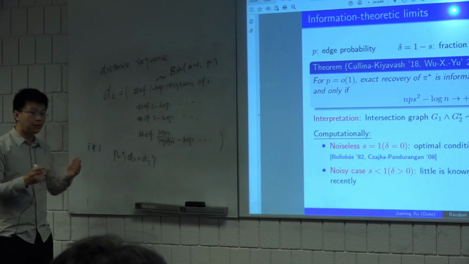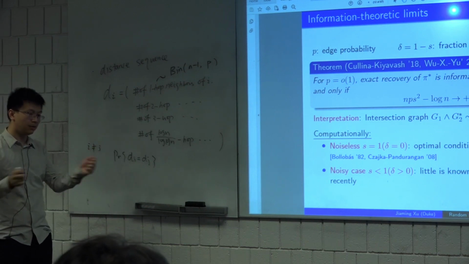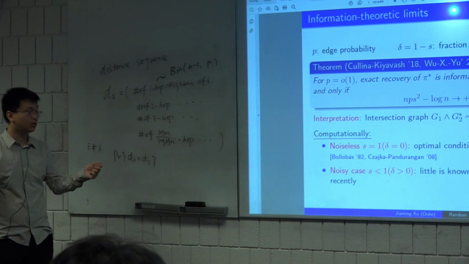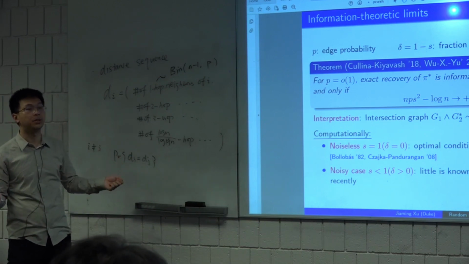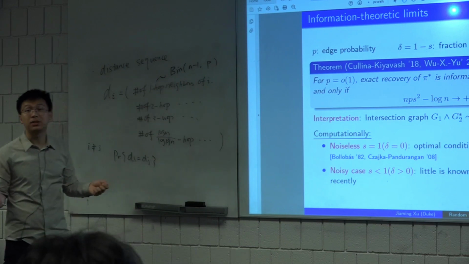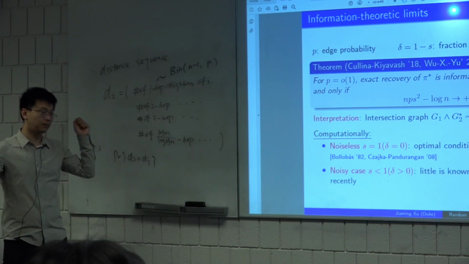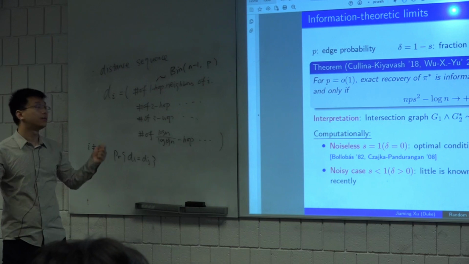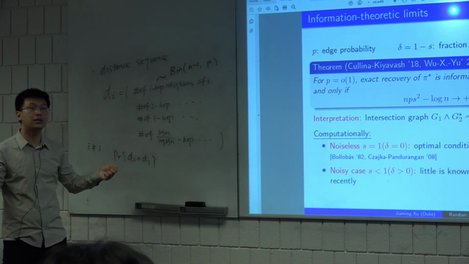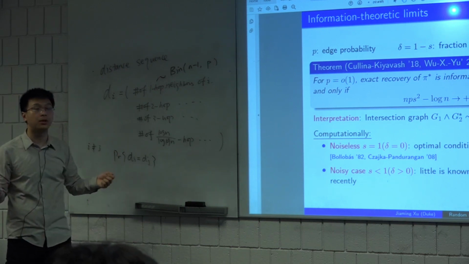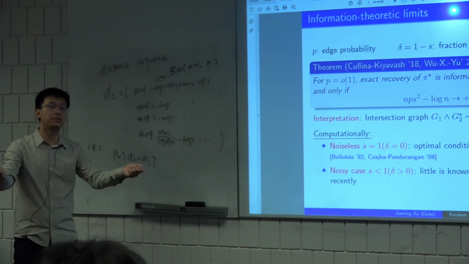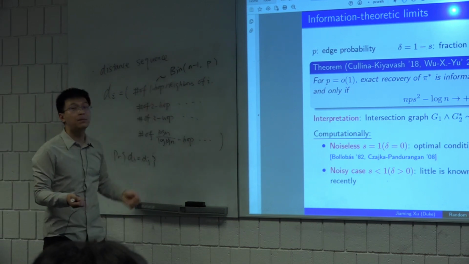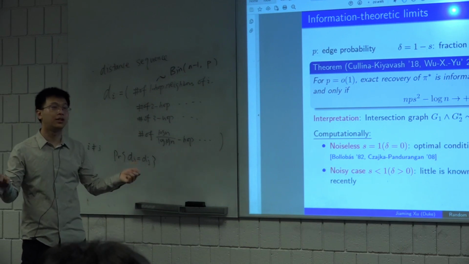Now if you look at two different nodes, and ignore the correlation a little bit, you should expect the first coordinate to be two independent binomials of n minus 1 comma p, roughly. Because if you pick nodes i and j, very likely they're far away, so their numbers of one-hop neighbors are more or less independent. So now the question becomes: if I give you two independent binomials of these parameters, what's the probability they will have the same value?